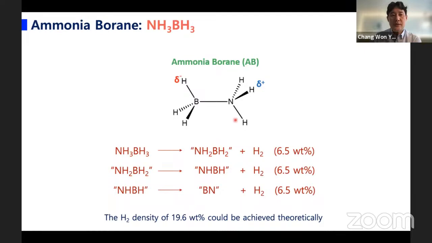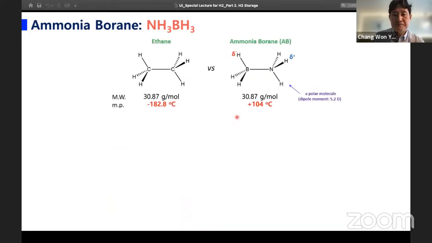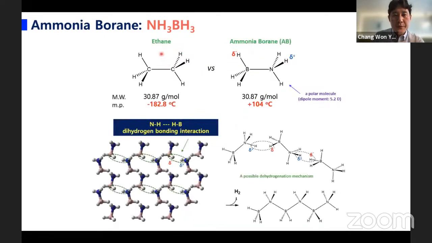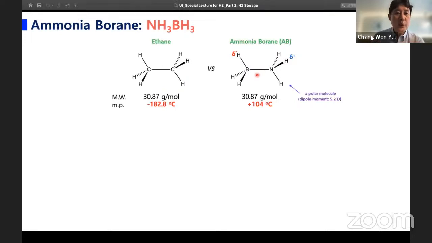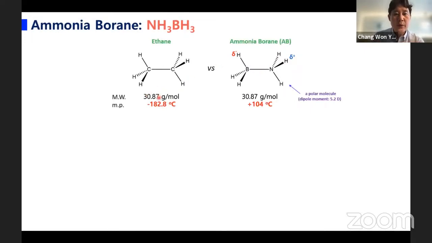The US Department of Energy actually considers this ammonia borane as a transportation fuel for fuel cell electric vehicles. But if you look at the ethane molecule here, ethane and ammonia borane have an isoelectronic structure. The molecular weight is the same.